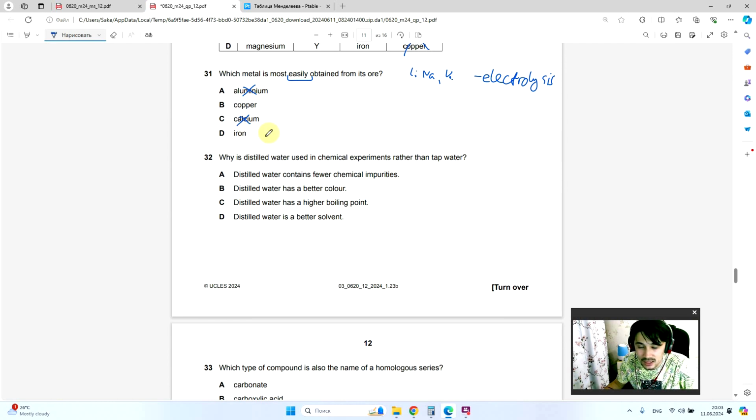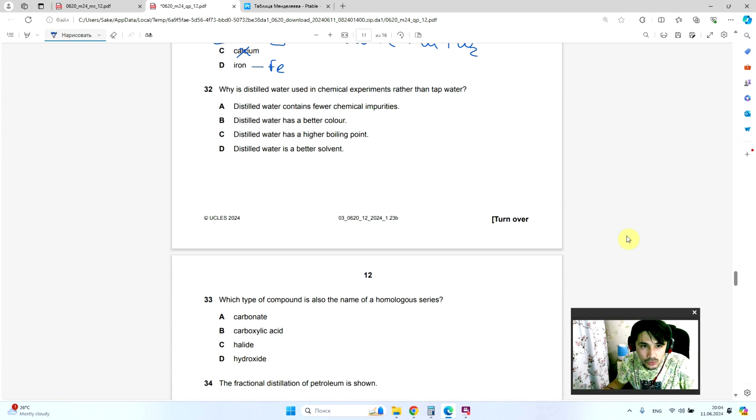So instead refers to iron, and how copper saves gold. Copper is at the end of this mnemonic rule, so this is the least reactive metal, and it's easier to remove it from its ore simply by heating with coke. So copper oxide with coke gives you copper and carbon dioxide, and it should be balanced. Iron can do the same, but it requires more energy because of its higher reactivity.